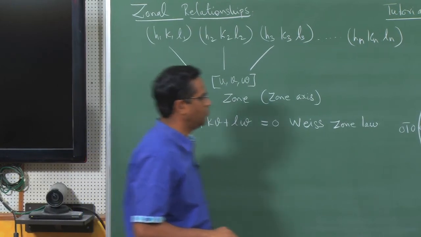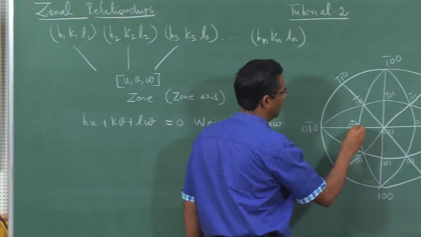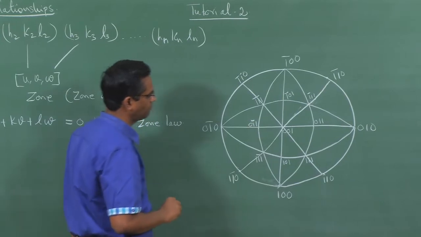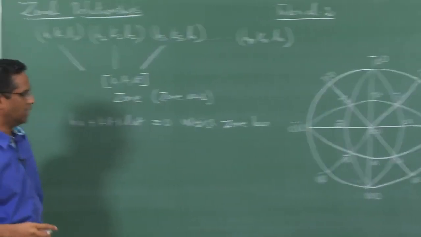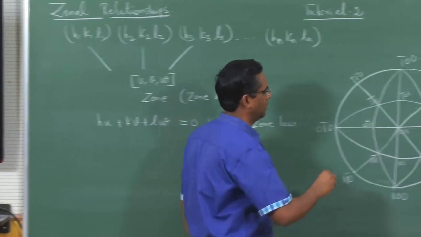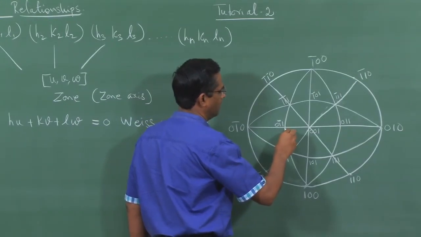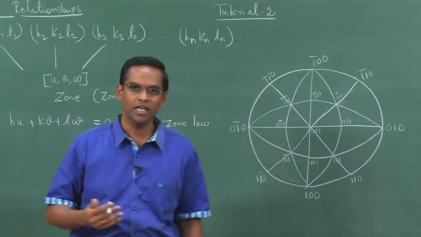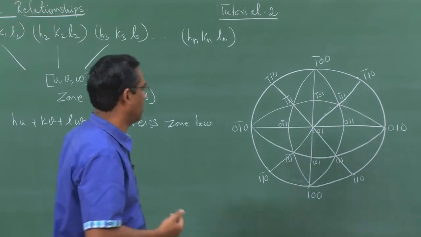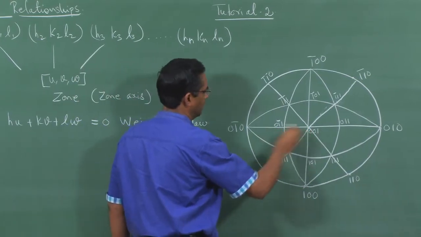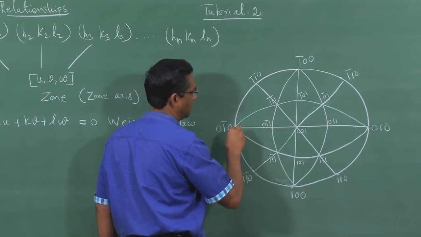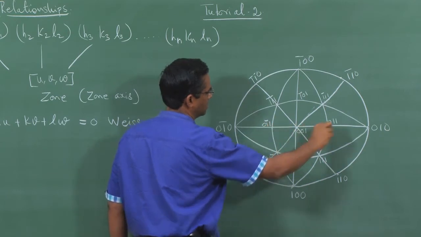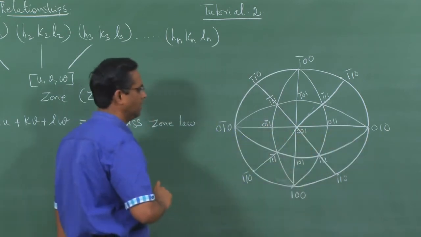So, for example, if you take this 0, 1, bar 1, 1 as a zone axis, from the stereographic projection, you all know that the stereographic projection is an angle-true projection. So, from center to here it is about 90°, so 45 approximately, and then you can have a rough idea about the angle here.